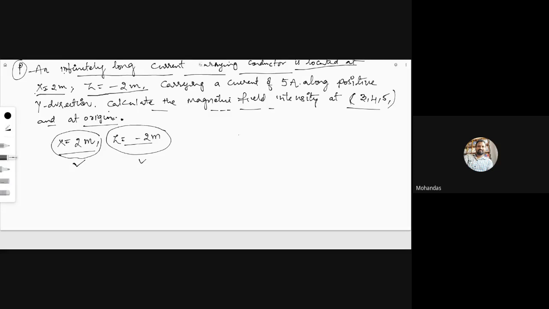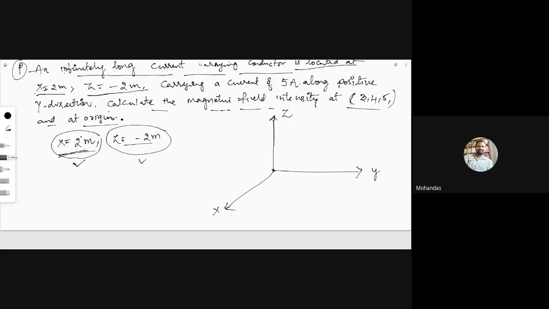Here, this is our z-axis, this is our x-axis, and this is the y-axis. Now I'm going to draw the x equal to 2 meters, or x equal to 2 constant surface.